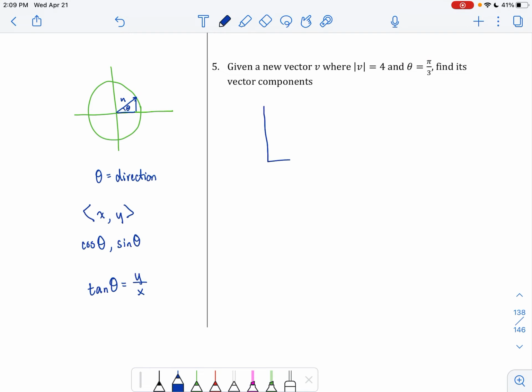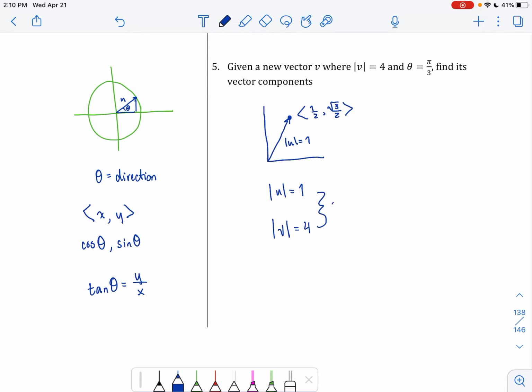So if I'm looking at my regular unit circle, the magnitude of u would be 1, and the direction would be just like its ordered pair, 1/2 and root 3 over 2 for horizontal and vertical. Now, this is a u. If v is 4, then I can say, since it's the unit circle, the magnitude of u is equal to 1, then the magnitude of v is equal to 4.